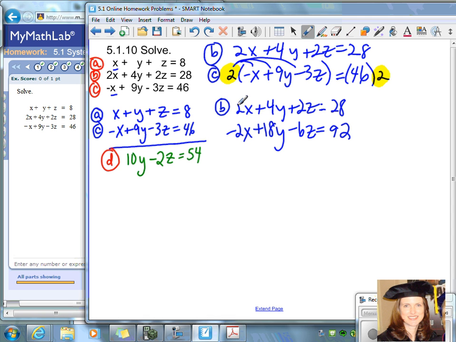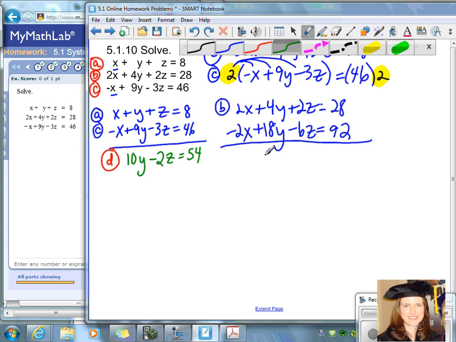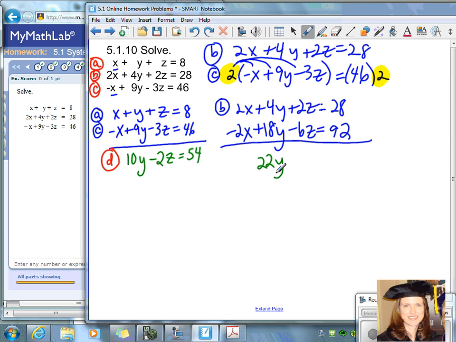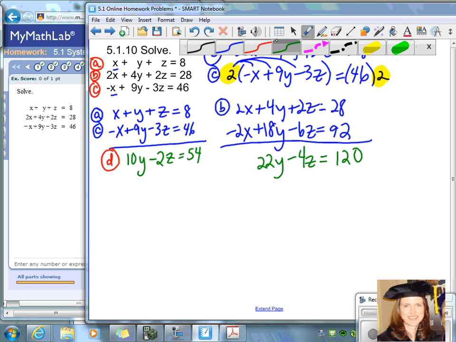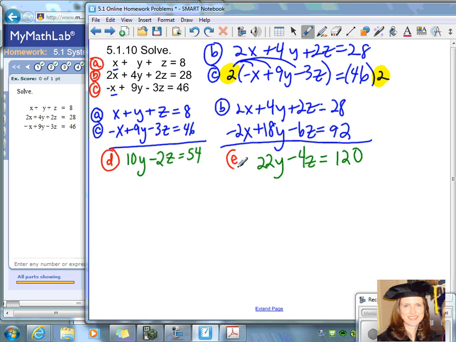That's 2 times the C equation. I'm going to add those together. Again, I got opposite x's by combining B with 2 times C, and the x's cancel out, and we get 4y plus 18y is 22y, 2z minus 6z is minus 4z, equals 28 plus 92, which is 120. So this is another new equation. I'm going to label it equation E.